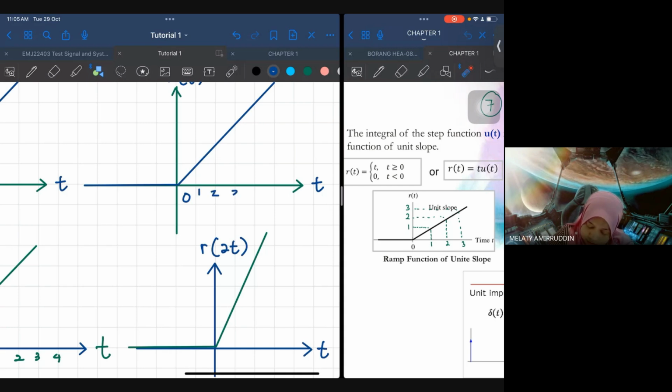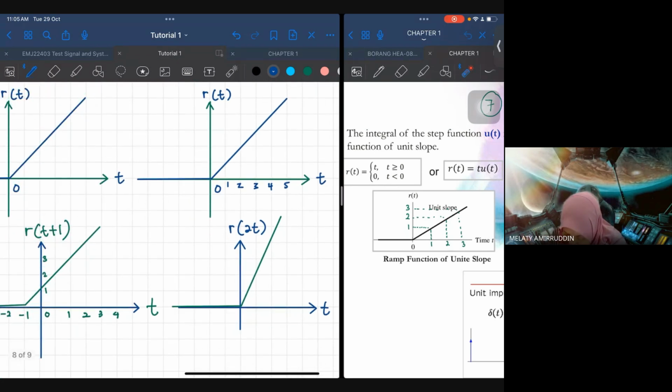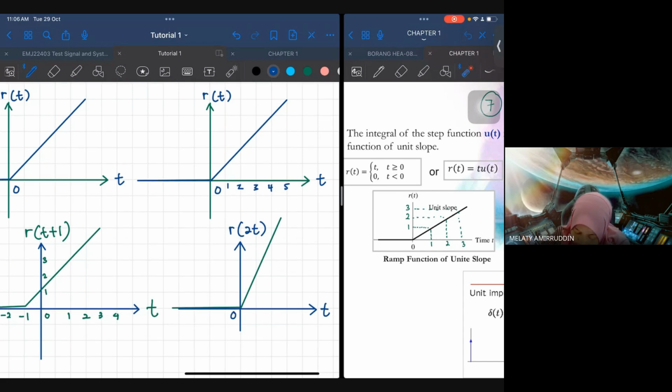One, two, three, 4, 5. So the signal becomes 1/2, 1, 3/2, 2, 5/2 until infinity.